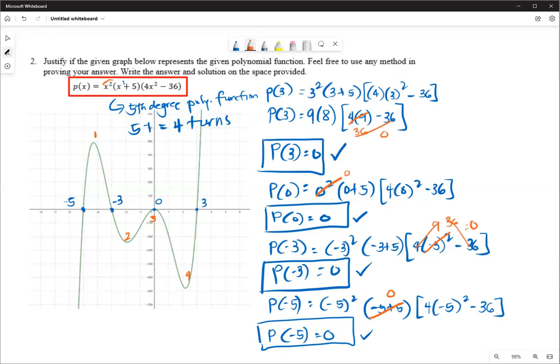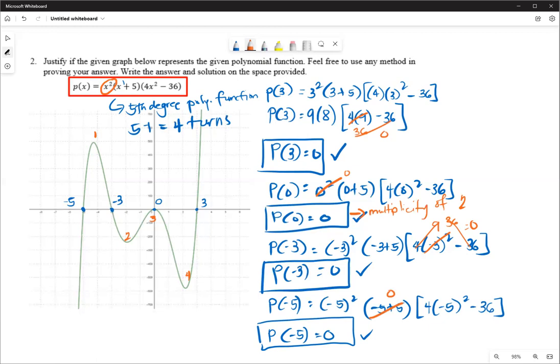But notice that the zero of x squared is 0, which shows that it has a multiplicity of 2, meaning 0 is used twice as a zero in the given function.